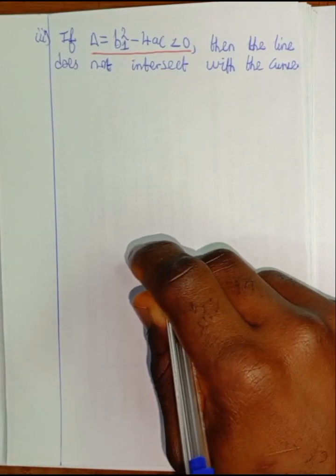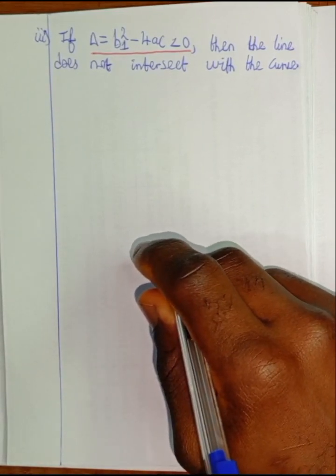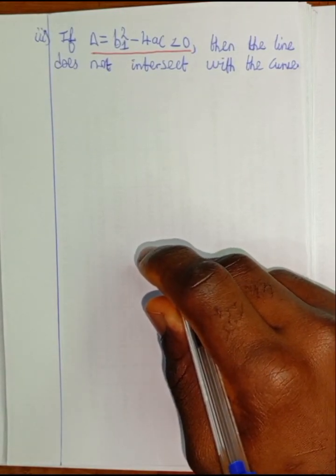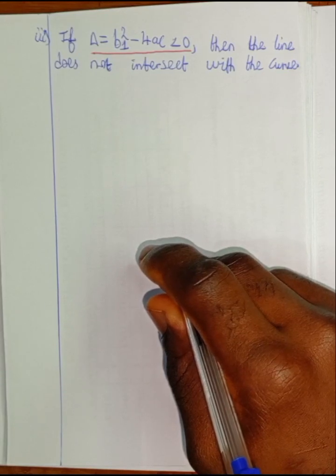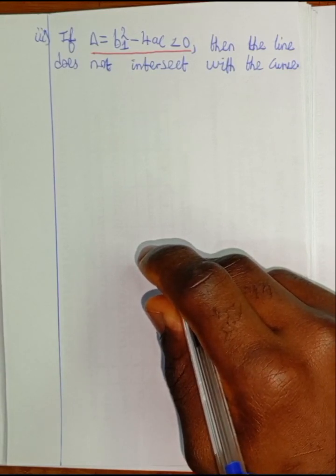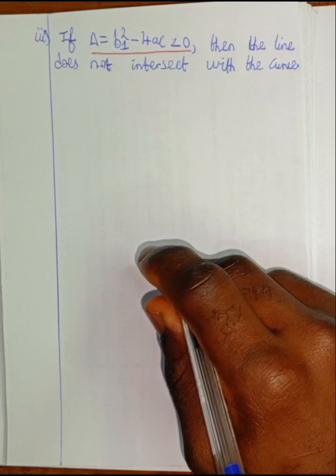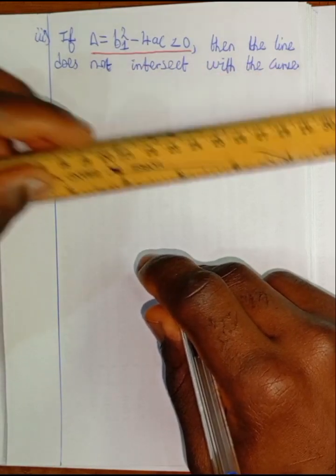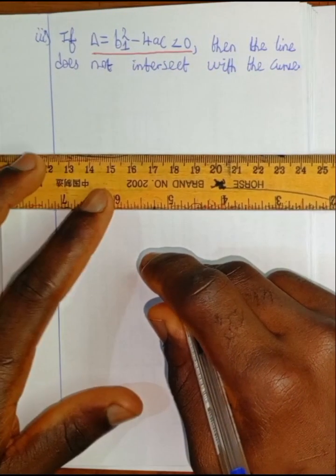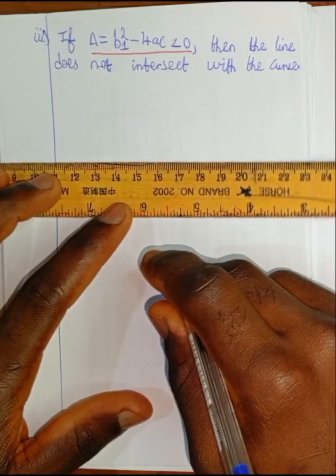These are the three possible cases to know whether a line intersects a curve at two distinct points, whether the line is a tangent to the curve, or the line does not intersect with the curve. I'll just draw the three diagrams for that. We have something as such.